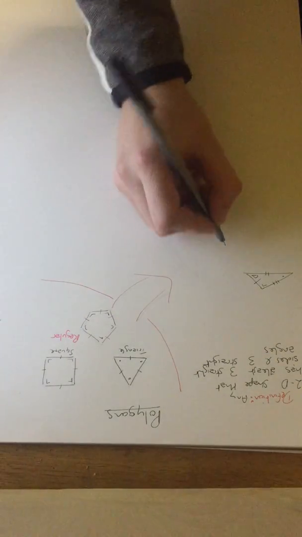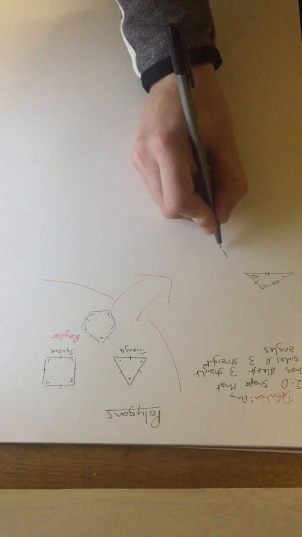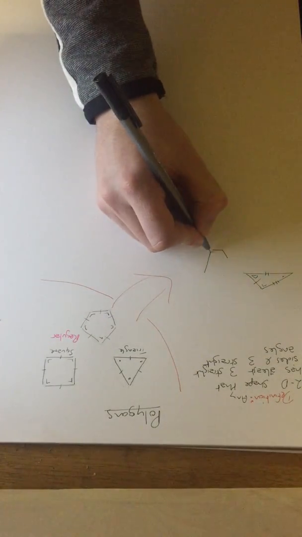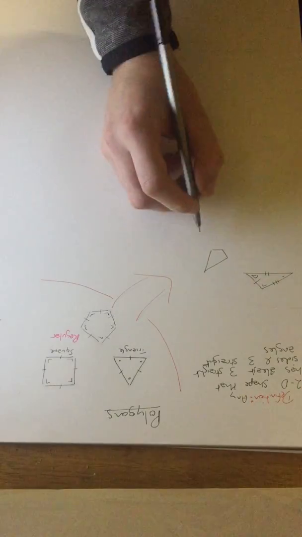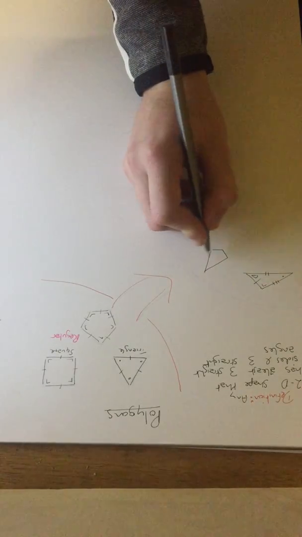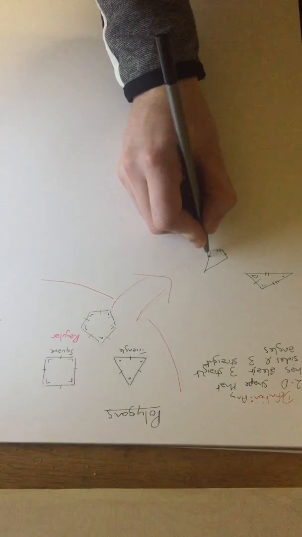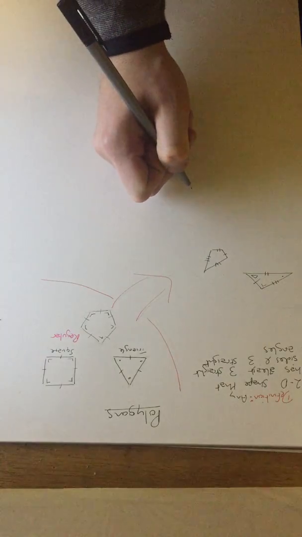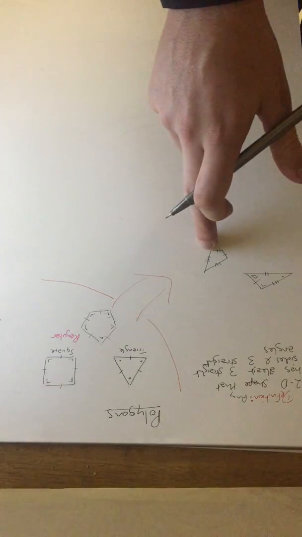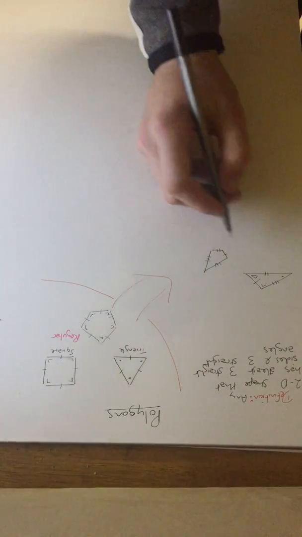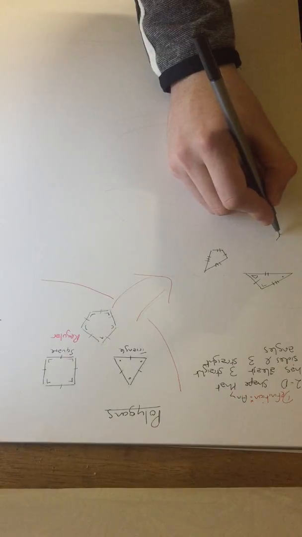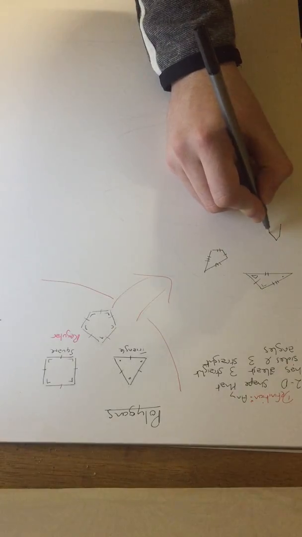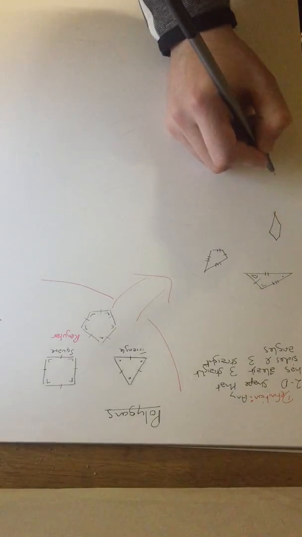We can do the same with a four-sided shape. If we draw something like this, four sides, four angles, none of the sides are equal, none of the angles, as you can see, are equal either, so that makes that four-sided shape irregular. We can do the same with a five-sided shape.